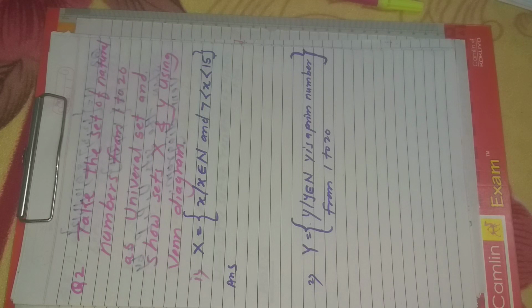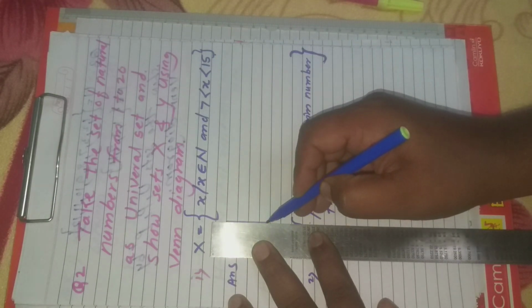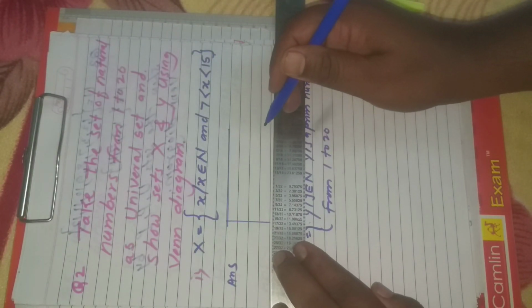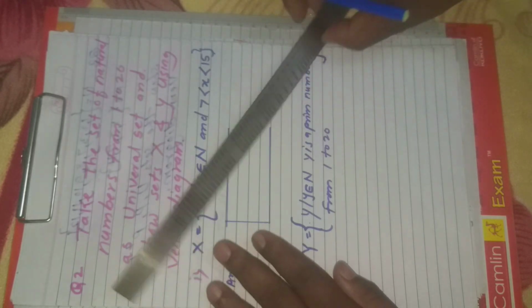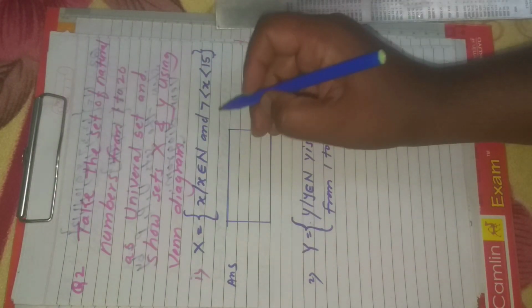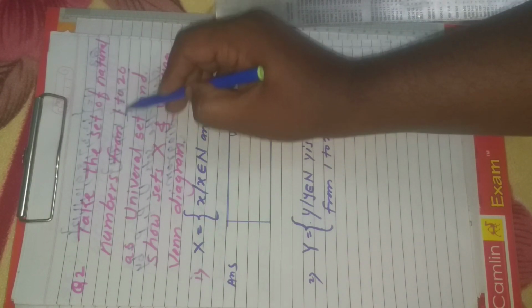So we have to draw the Venn diagram for this question, showing it with the universal set. The universal set we can show in a rectangle shape, so we can write U like this, and we collect all natural numbers from 1 to 20.